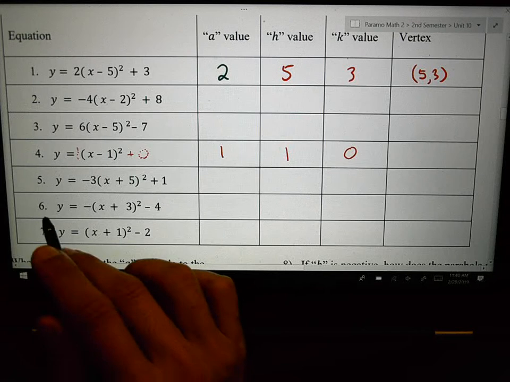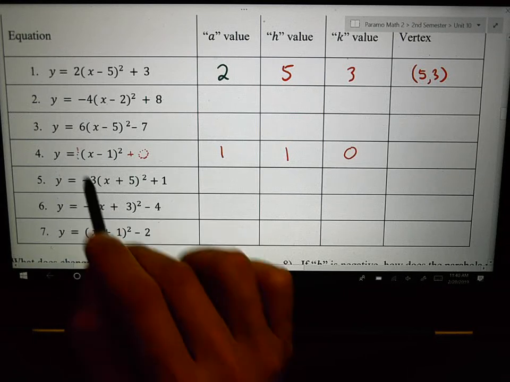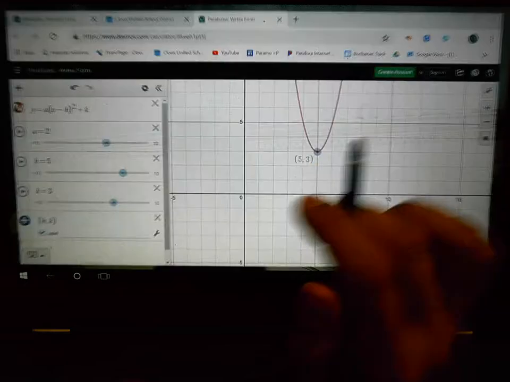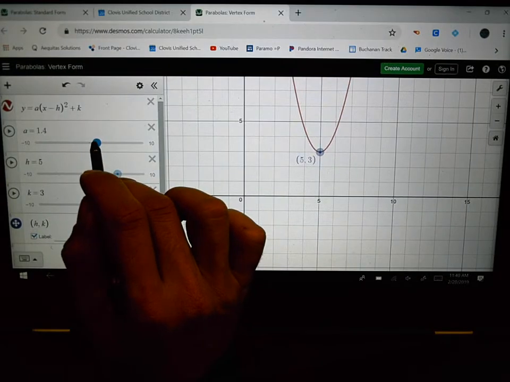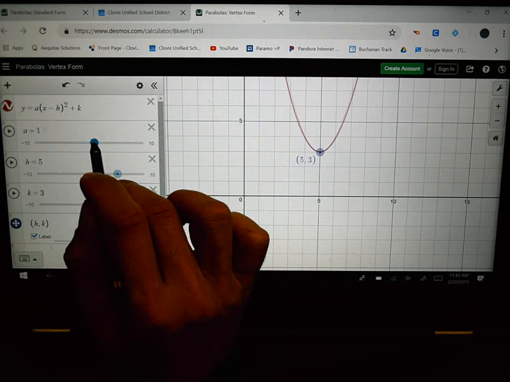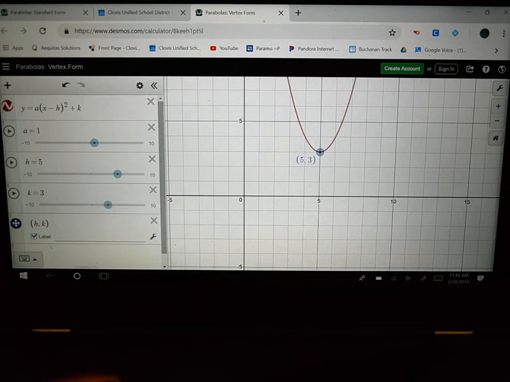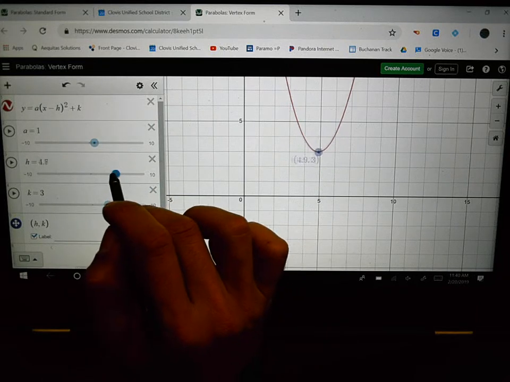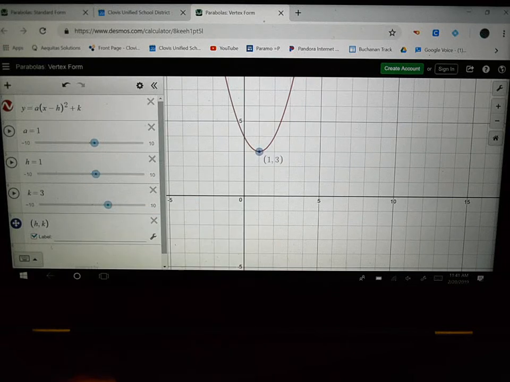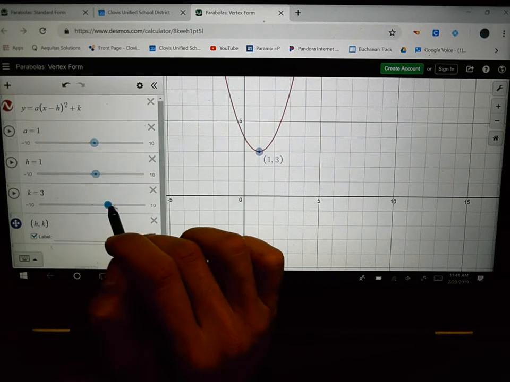And if you played with that, if you plug in an A of 1, an H of 1, and a K of 0, let's do that real quick. An A of 1. An H of 1. And a K of 0.